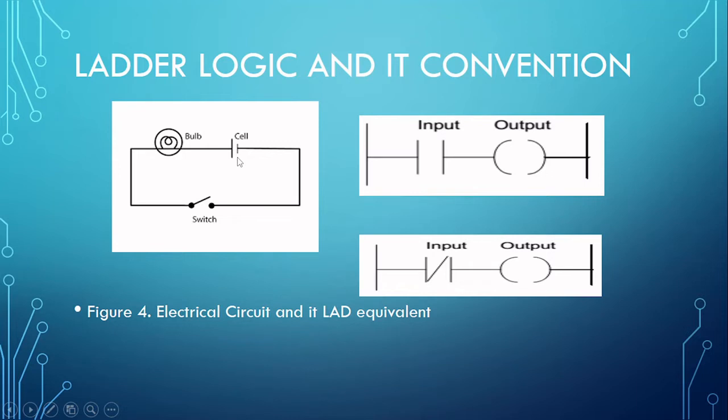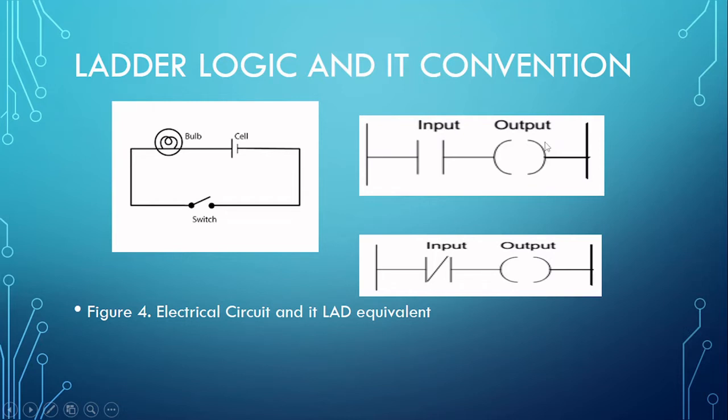So power flows from left to right, and to show this circuit on a ladder diagram, this is the equivalent. The input device is always shown to the left, while the output is shown to the right.